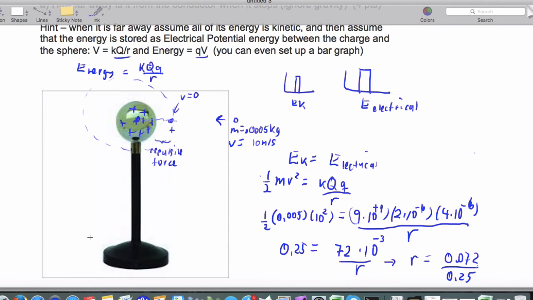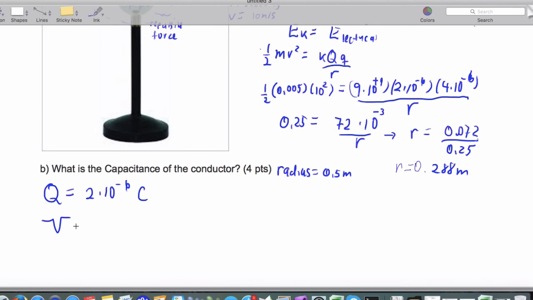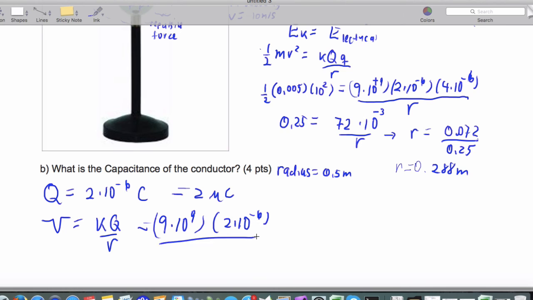And now let's get the voltage at its surface. The voltage is going to be K Q over R. So we have 9 times 10 to the 9th times 2 times 10 to the negative 6th divided by its radius, which is 0.5.